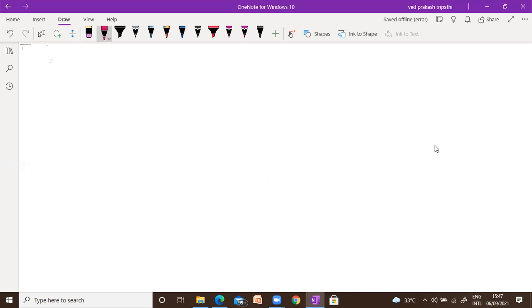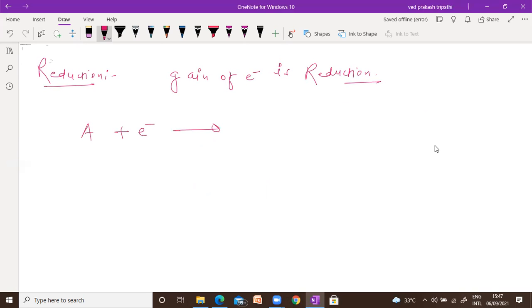Now we can talk about reduction. Reduction means gain of electron. A will take an electron and that will convert into A negative. So we can say A is gaining the electron, so A is reduced.